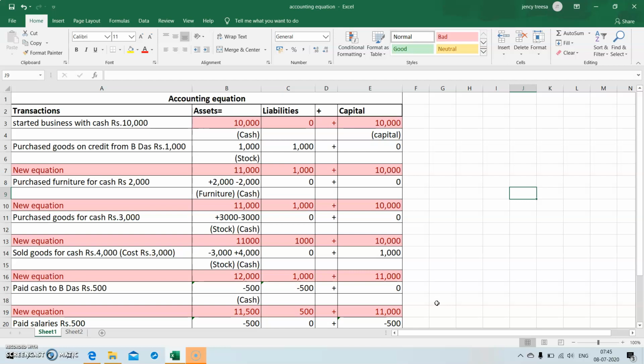When you recorded that liability in the second transaction, you wrote it under liabilities as 1,000. From that liability, 500 is decreasing because you are paying the amount, no? So minus 500, no change in capital. So take the net result. 12,000 minus 500 is 11,500, and 1,000 minus 500 is 500.